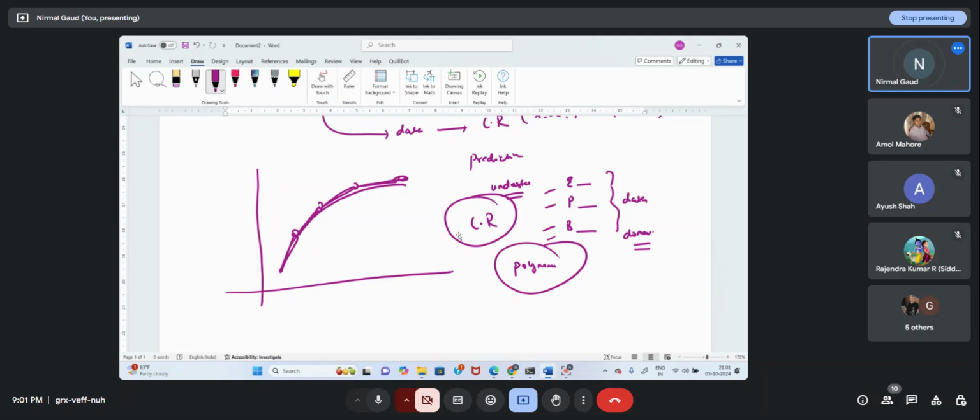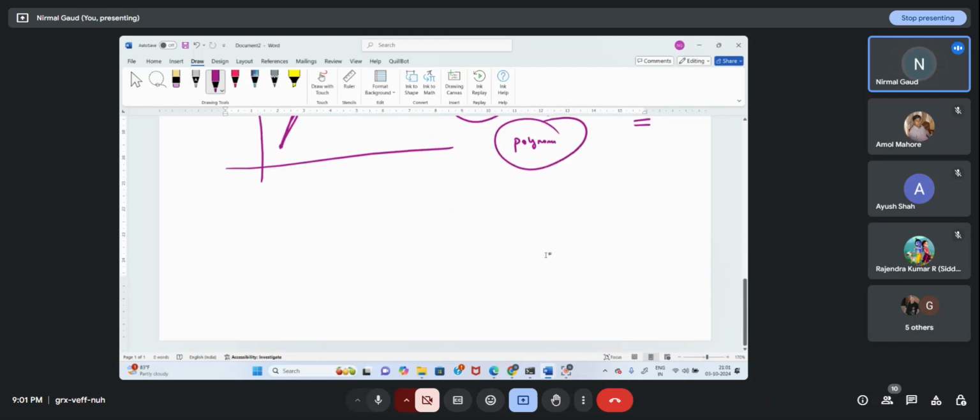Okay, a few more things I want to say or ask. See, what you have learned in linear regression is that this is a line, and you make a plot between actual and predicted.